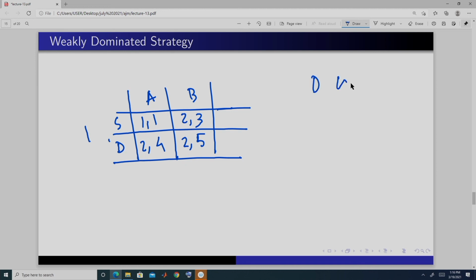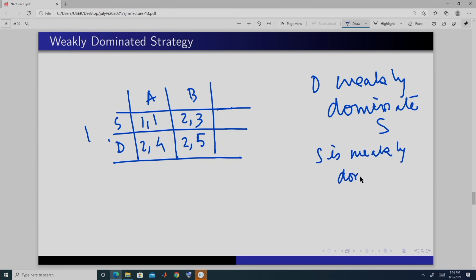So, D weakly dominates S, or S is weakly dominated by D in this case. Okay. And then here again you can remove this. So, you can remove it here and so this will be removed. So, the outcome is this.